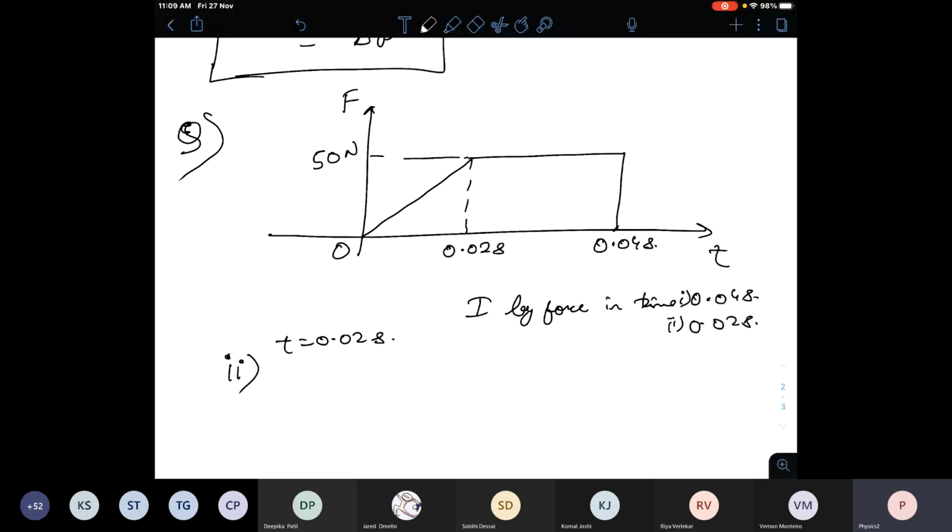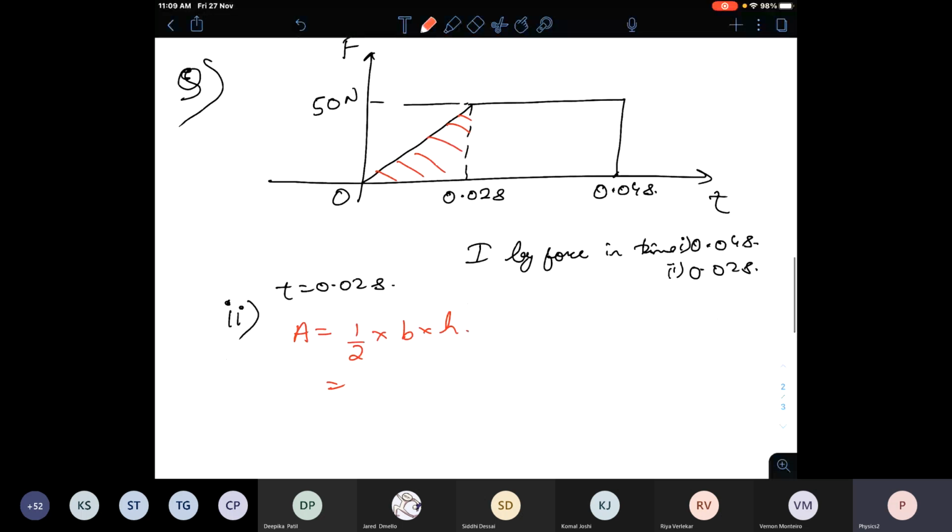Okay, if you see the area under the F-t graph till 0.02 seconds, it is a triangle. So the area can be written as half into base into height. Base is, you can see, 0.02, into height, which you can see is equal to 50.